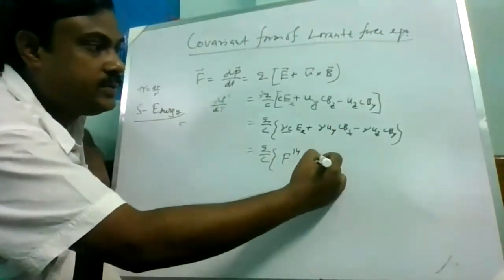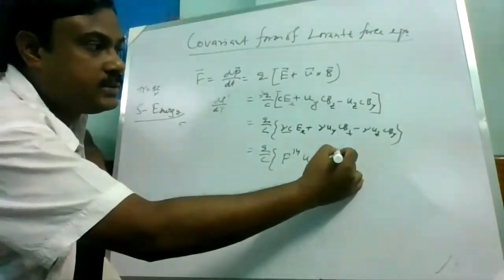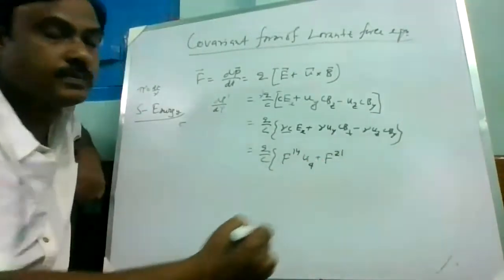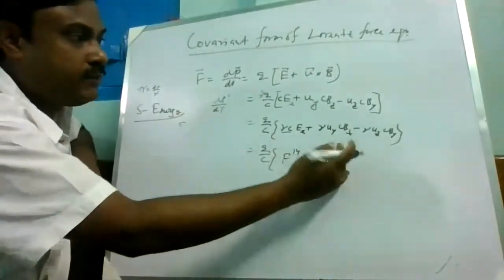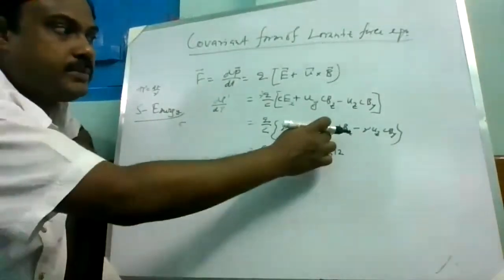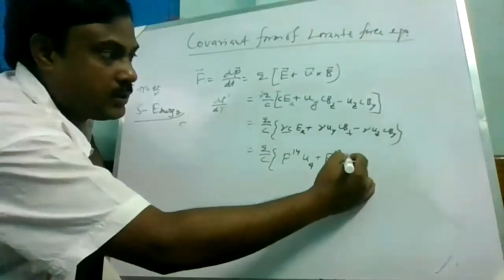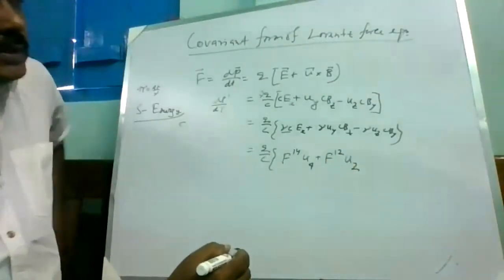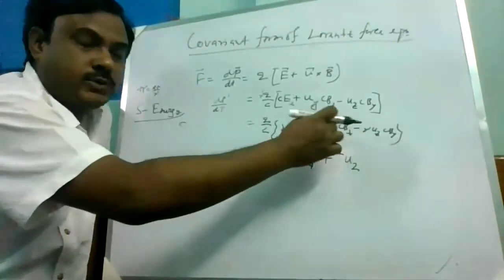And cvz will be equal to f12. I'm writing f12, so a minus sign will be there, and one minus sign will be absorbed here because we are writing uz, so this is equal to u2. This u2 will be negative. See, f12 is negative, so double negative is positive.